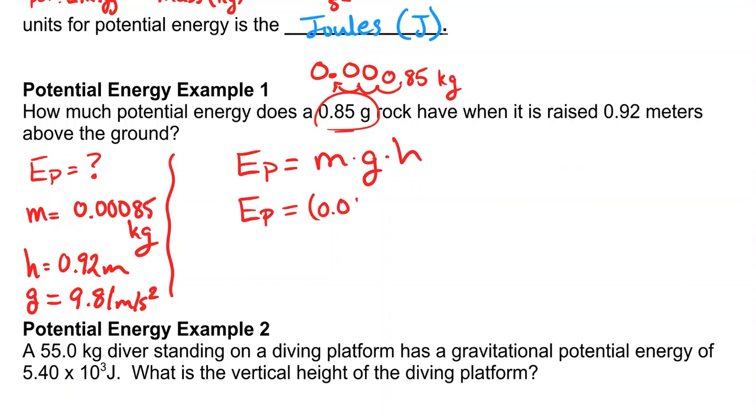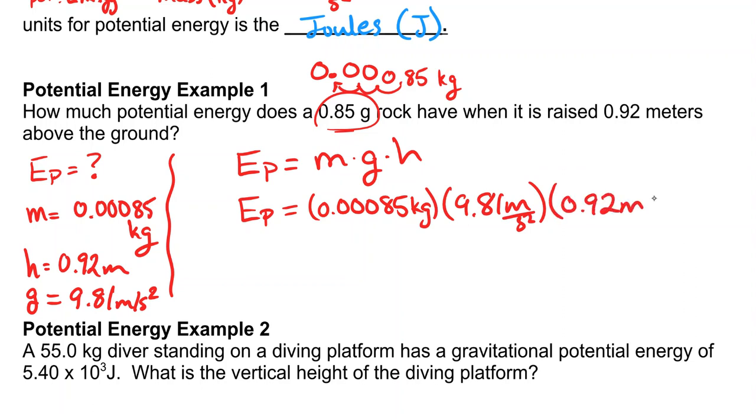So 0.00085 kilograms, 9.81 meters per second squared, and 0.92 meters above the ground. Here we go. When I put that into my calculator, you're going to get not a very nice number: 0.0076714, blah, blah, blah.